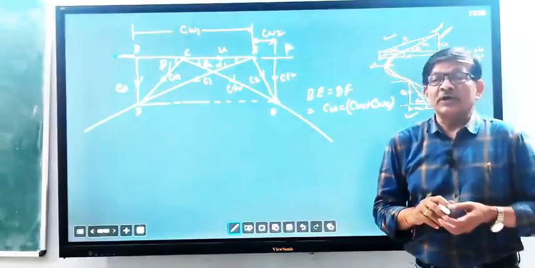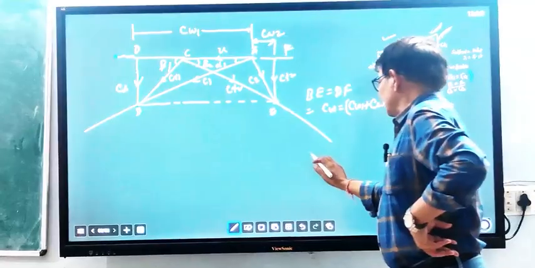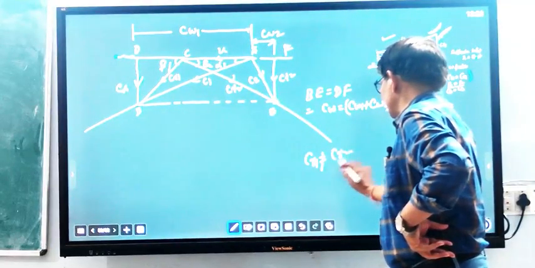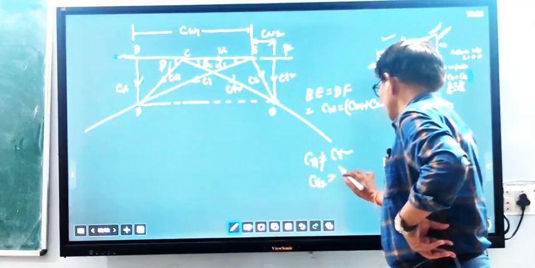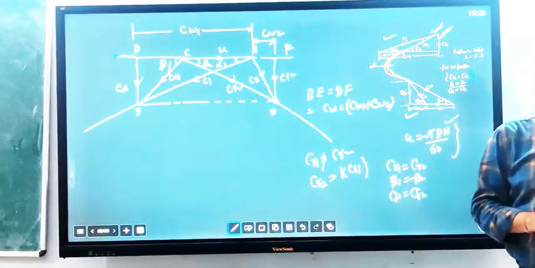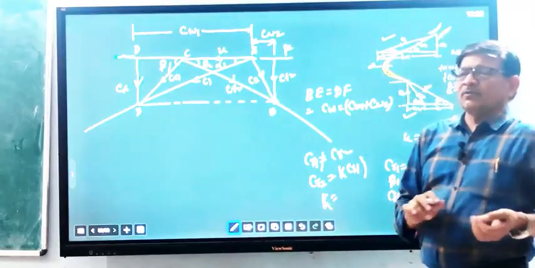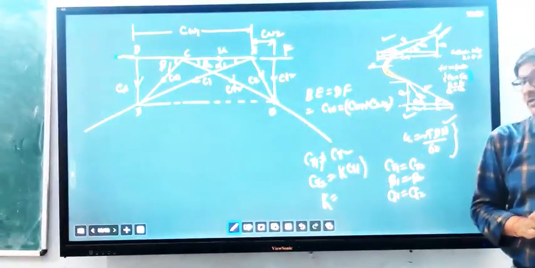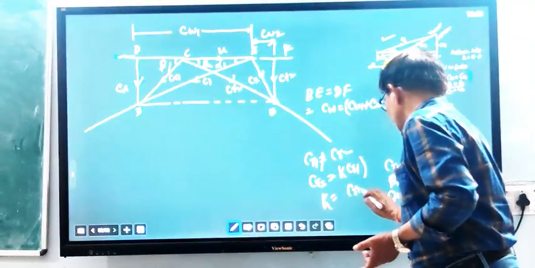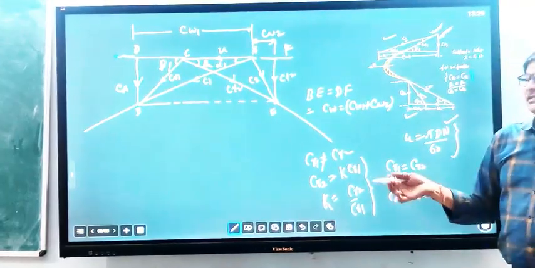But what will happen if there is friction while steam is gliding over this surface? In that case, CR1 is not equal to CR2, but CR2 equals K times CR1. K is not a coefficient of friction but a velocity coefficient, the ratio K equals CR2 upon CR1, the ratio of relative velocity at exit to the inlet.